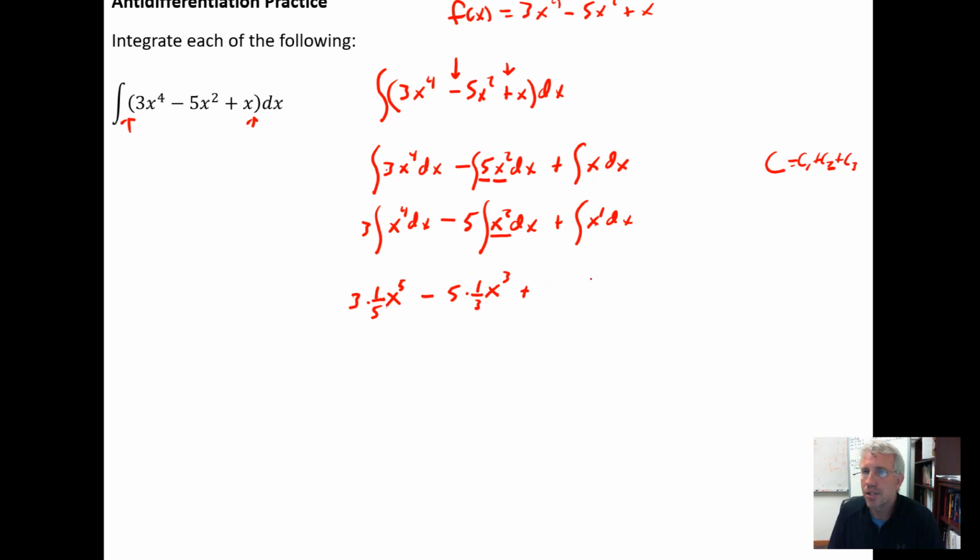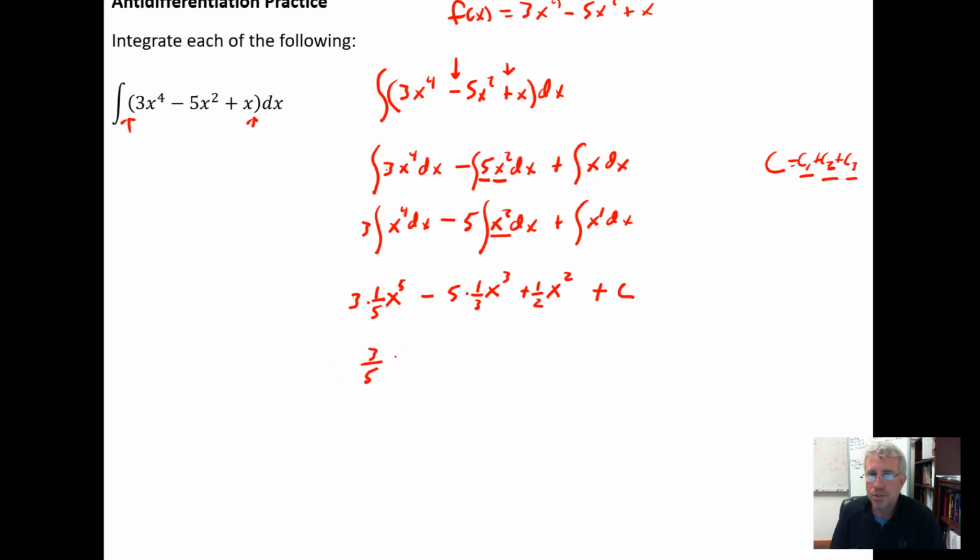This is really x to the 1st, so we're going to increase the exponent by 1, and then recognize when we take the derivative of x squared, you get 2 times x, so we need a 1/2 to kill the 2 when it comes down. And integrating each of these generates 3 different constants of integration, which can be added together and represented with a single constant. And then we can kind of simplify things a little bit.